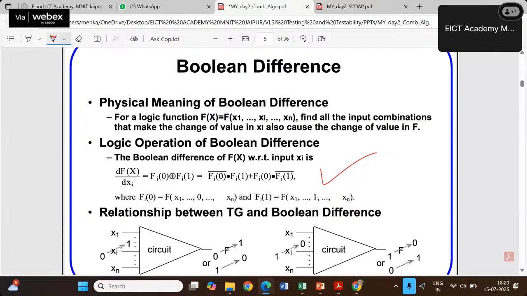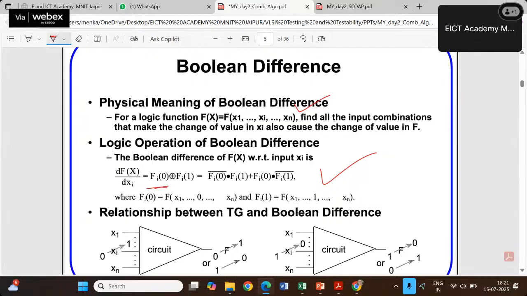Boolean difference of any function f, which is a function of capital X, where x1 to xn are the logical variables. We define df upon dxi is equal to f i0 XOR f i1.